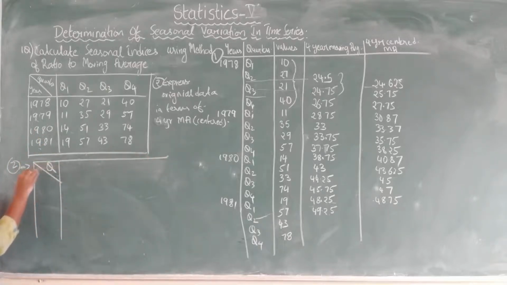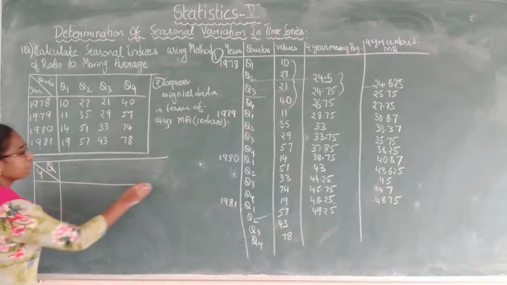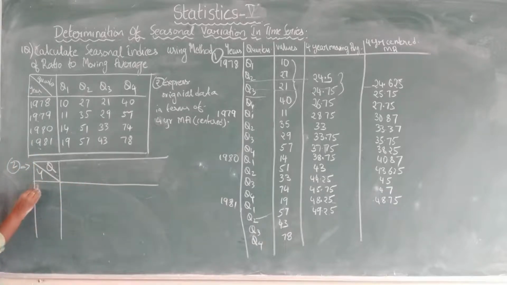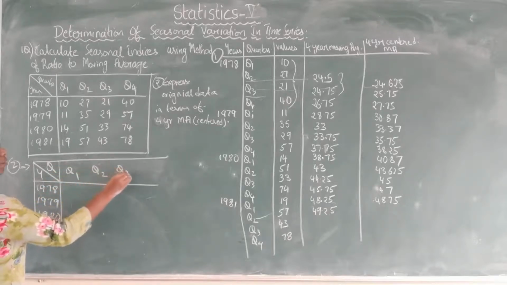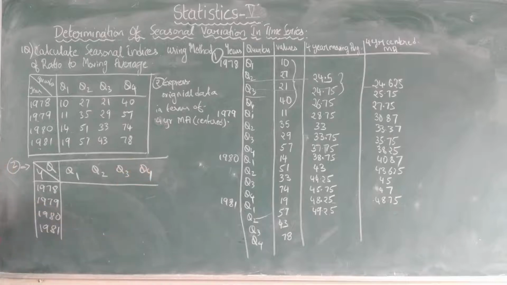Here we have quarters, here we have years: 1978, 1979, 1980, and the last, 1981, with Q1, Q2, Q3, and Q4 values.